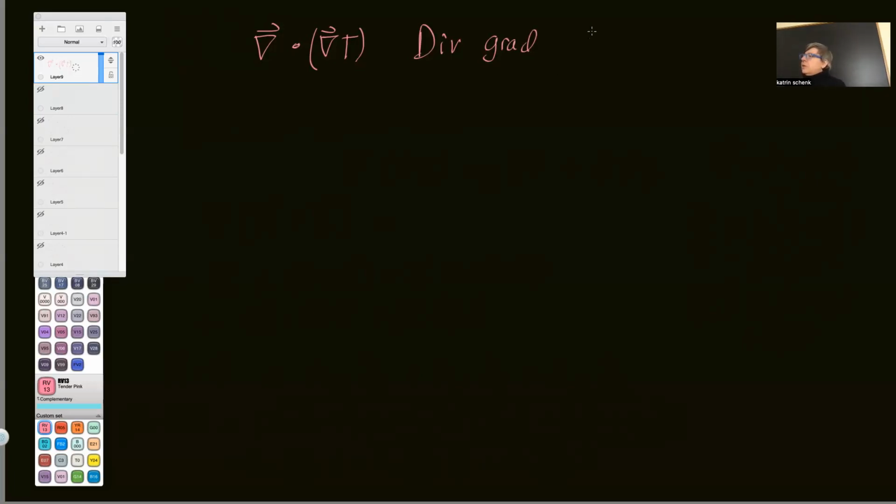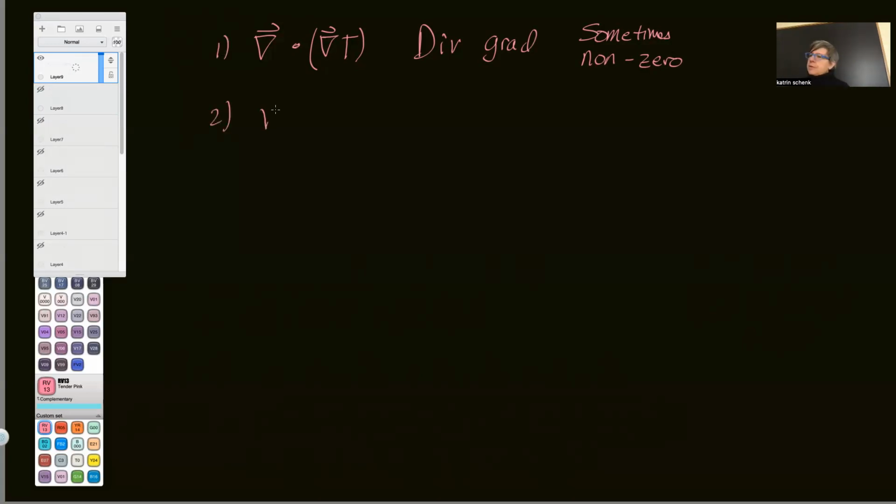Sometimes non-zero. So for instance, we might take the divergence of an electric field. An electric field is given by the grad of a scalar potential, and it's no problem. You can take the divergence of an electric field. You might get zero, you might not.